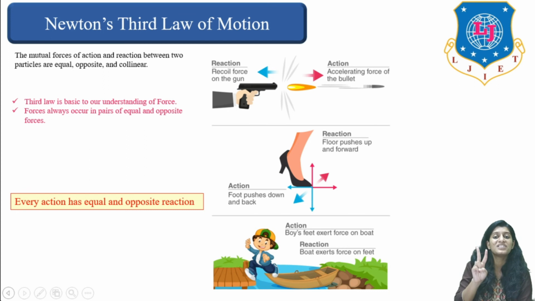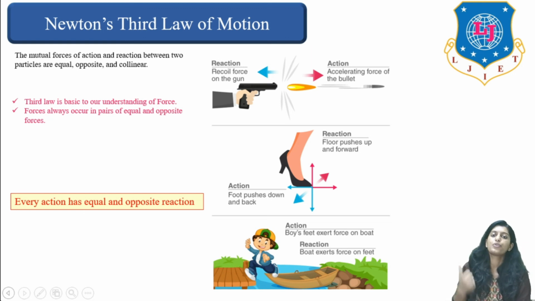Then comes Newton's second law of motion. It states that force is equal to mass into acceleration. That means force is directly proportional to mass and force is directly proportional to acceleration. The more the mass, the more force we need to apply. The more the acceleration, the more force we need to apply, right?